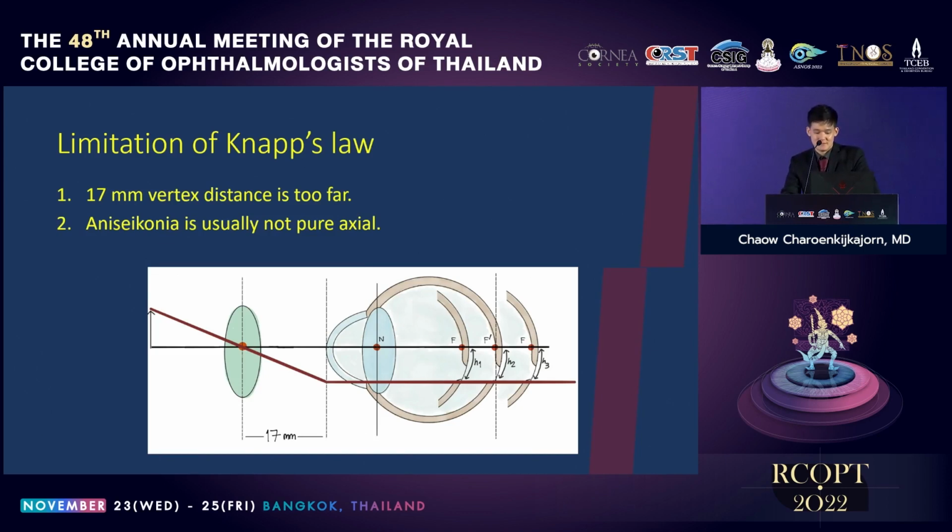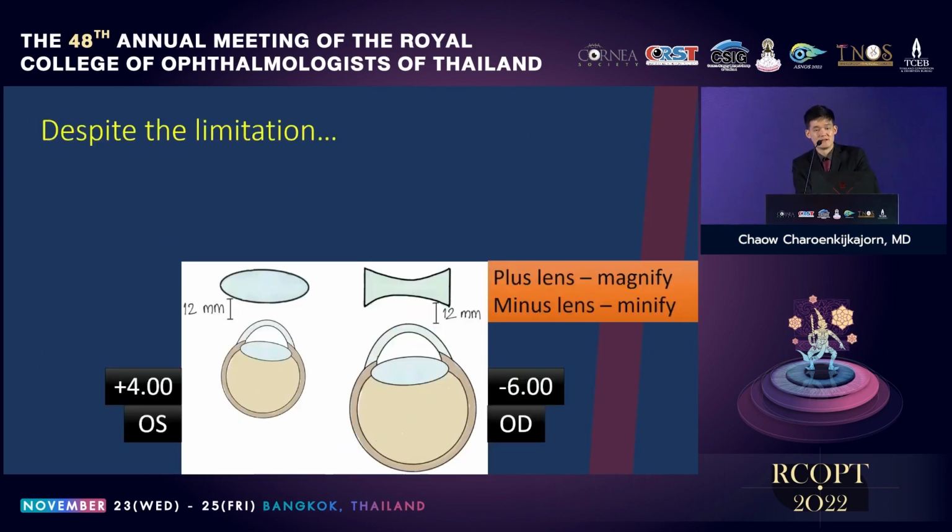But despite these 2 reasons, patients with a predominantly axial component tend to do very well with glasses. Let's say in this picture, we put the lens at 12 millimeters. Take a look at the left eye first. The prescription is +4, so it's axial hyperopia. Without correction, this eye sees a smaller image, right?